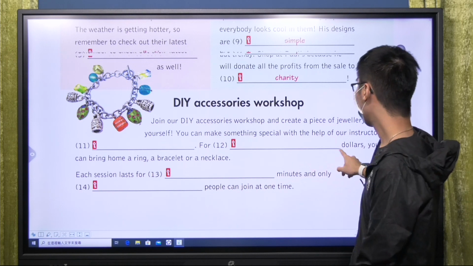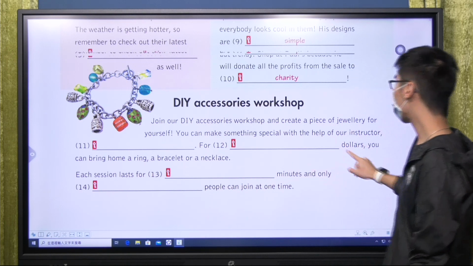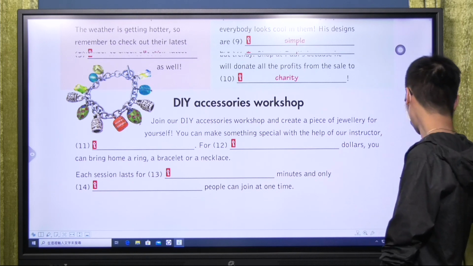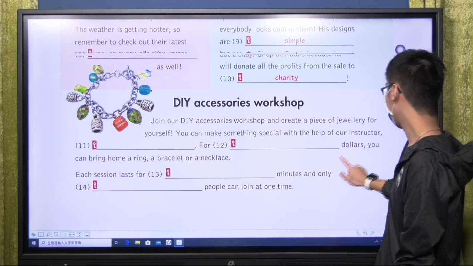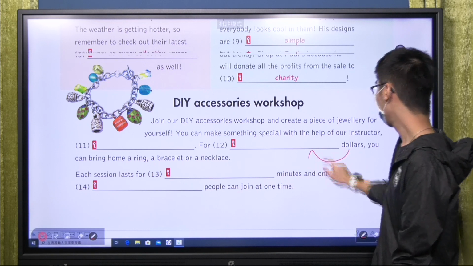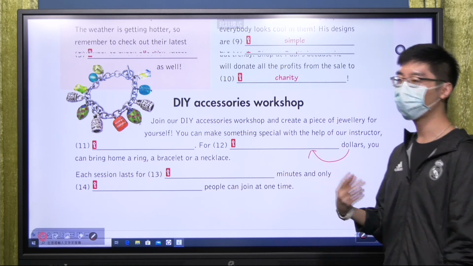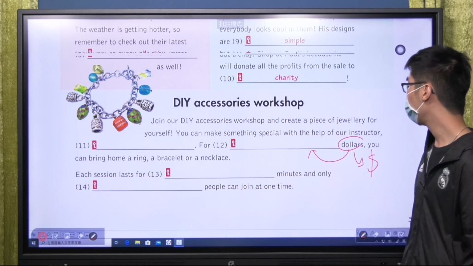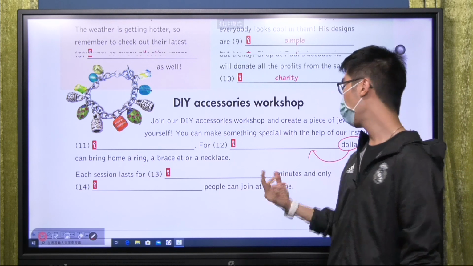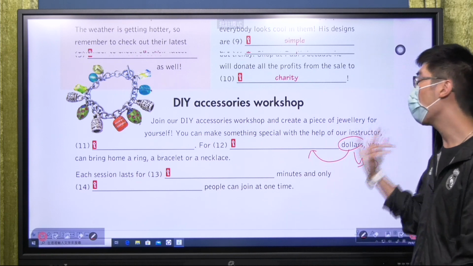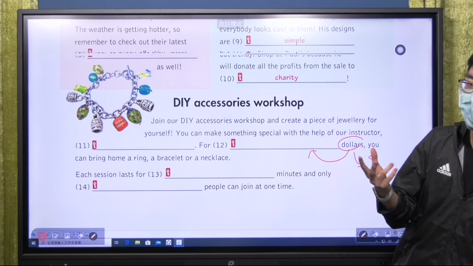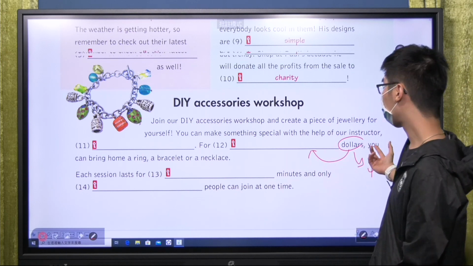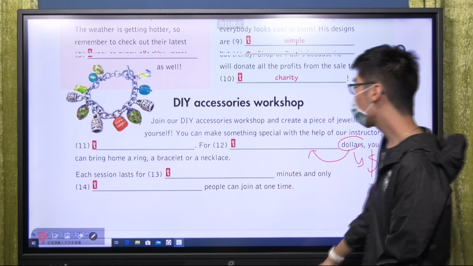And then for dollars, okay, how much money? Simply dollars, so here we can write down numbers, okay? Usually we fill in a number right here, so we need to be careful with the numbers or the amount of money we need to write down right here, okay?